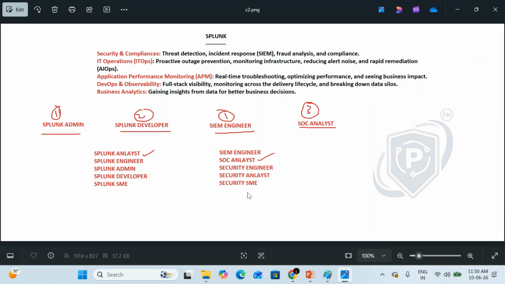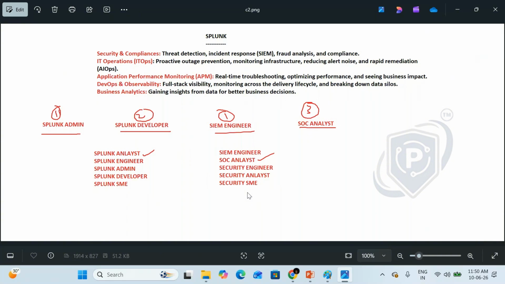On Splunk itself, we will cover Splunk admin, Splunk developer, SIEM engineer, and detection engineer. The next 50 days, SOC operations, L1, L2, L3 roles. For that, cybersecurity fundamentals, log analysis, incident response, threat hunting, threat intelligence, all we are going to cover. So that you can keep your profile within the 3 stages.